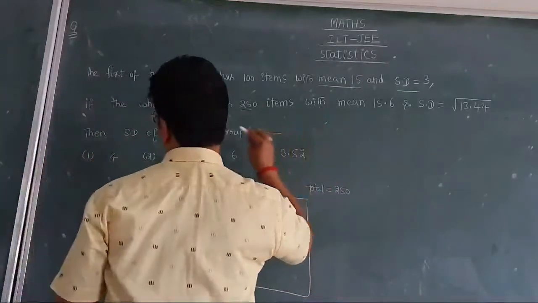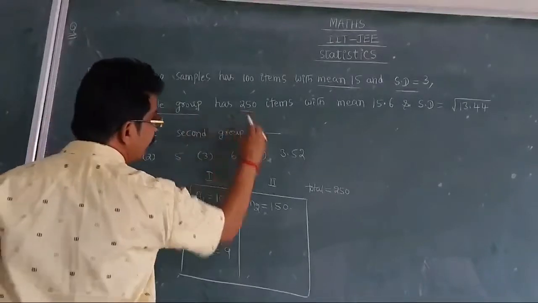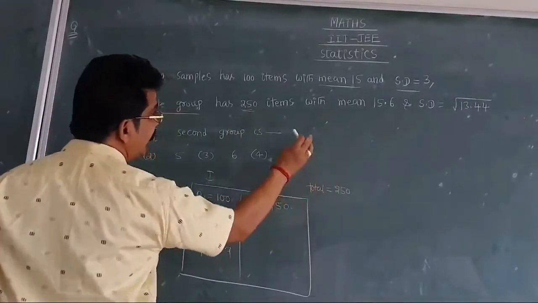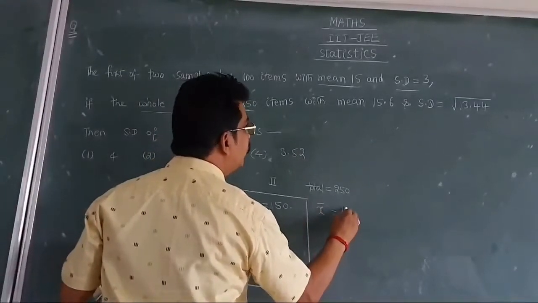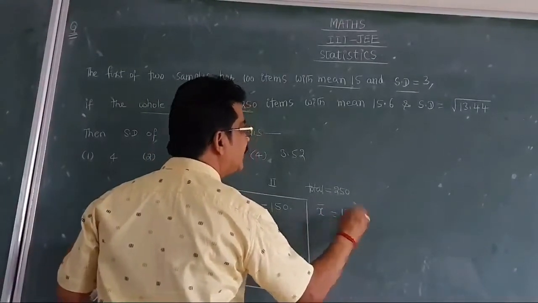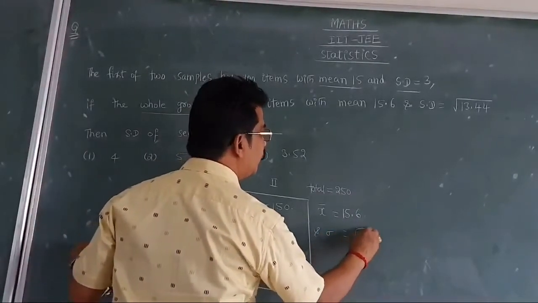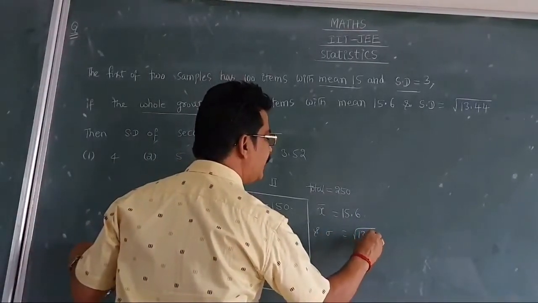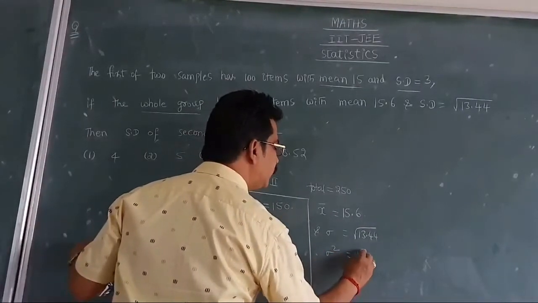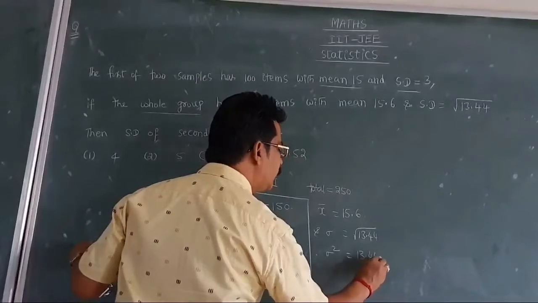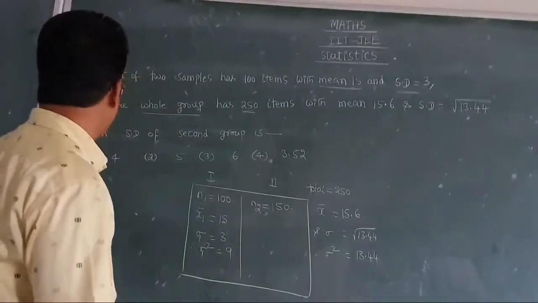Next, the whole group has 250 items with the mean x bar equal to 15.6 and sigma equal to whole root of 13.44. Therefore, sigma square equals 13.44. It is the given data. Now, what is the question?